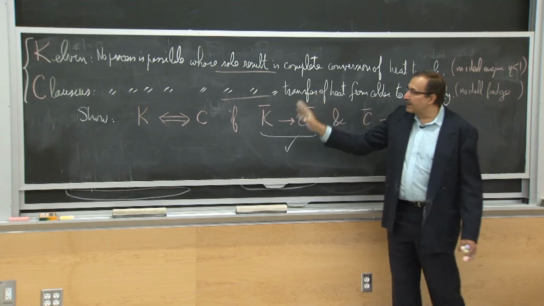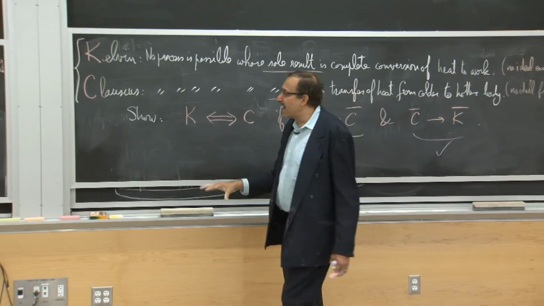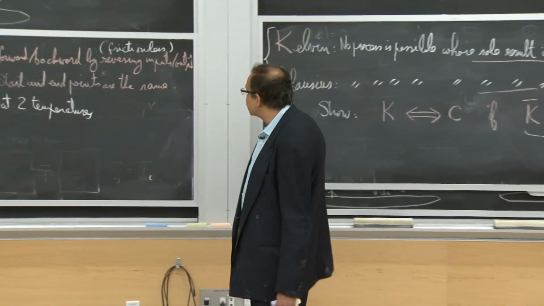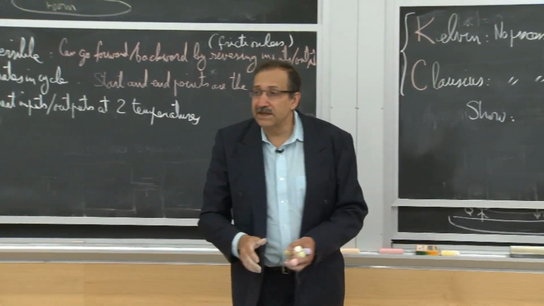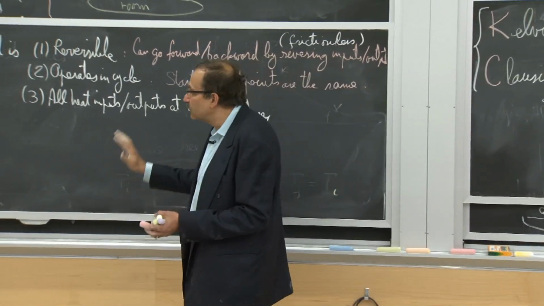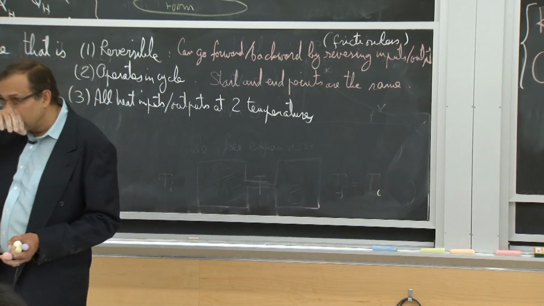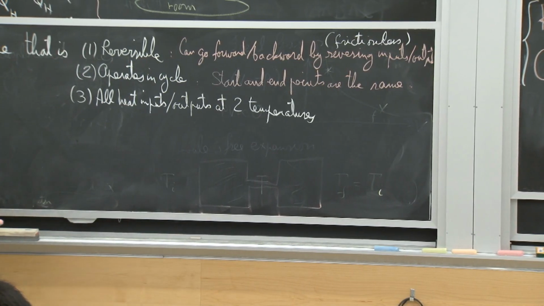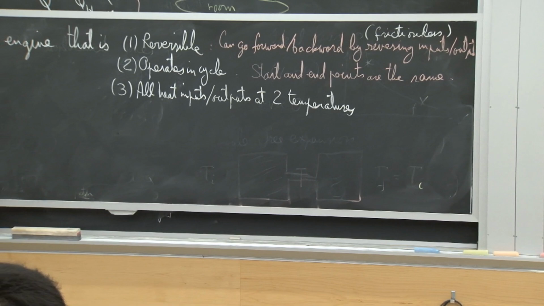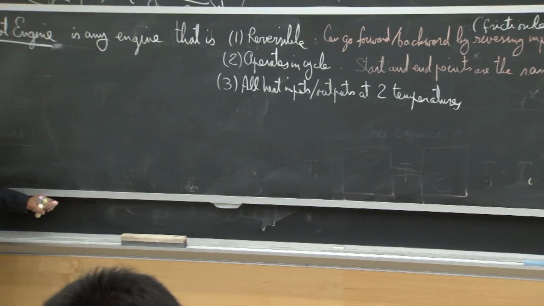So we want the engine to essentially be back to where it was, so that when we are looking at changes that are involved, we say, OK, the engine is not part of the equation. It is where it was at the beginning and at the end of the cycle.